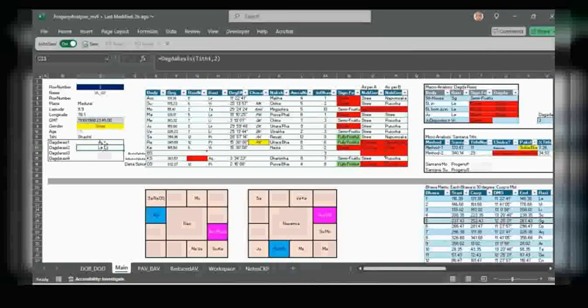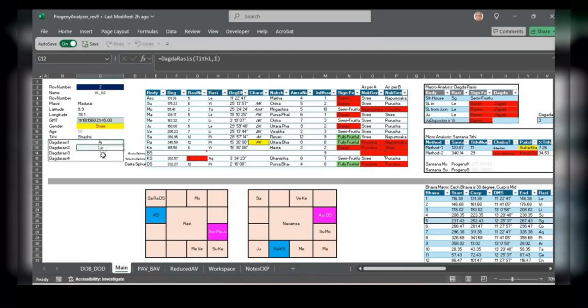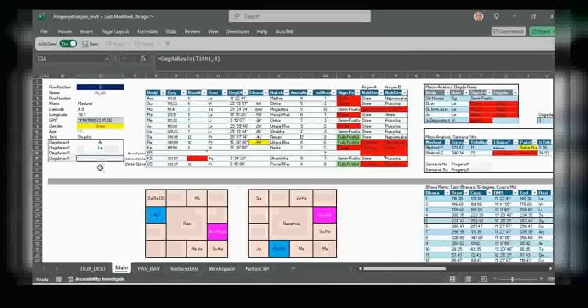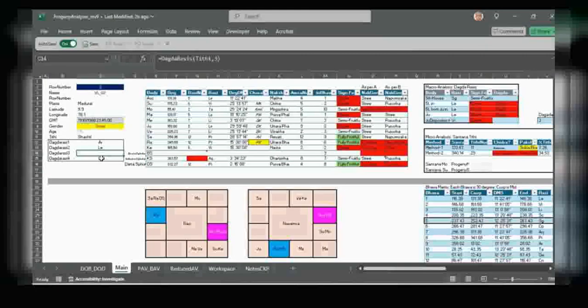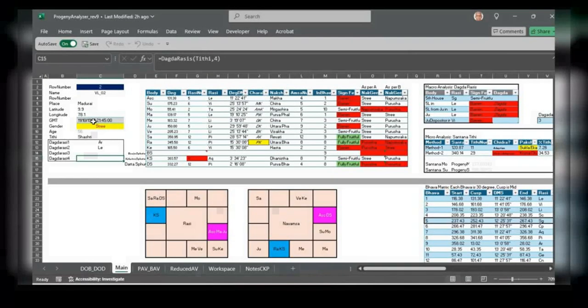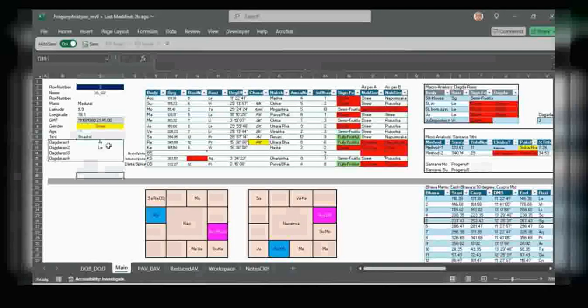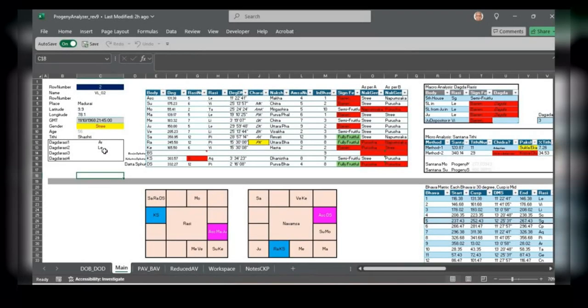This is the first Dagdha Rashi, the second, the third, and the fourth. There can be a maximum of four Dagdha Rashis. For some there won't be a third or fourth. In this case, for Tithi Shashti, Aries and Leo become the Dagdha Rashis.